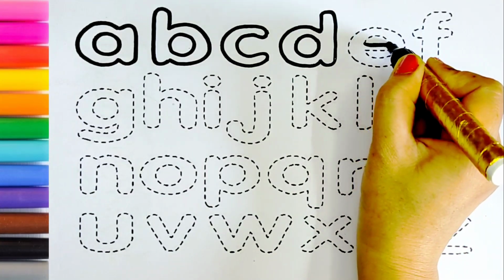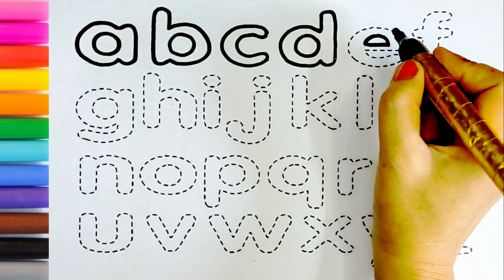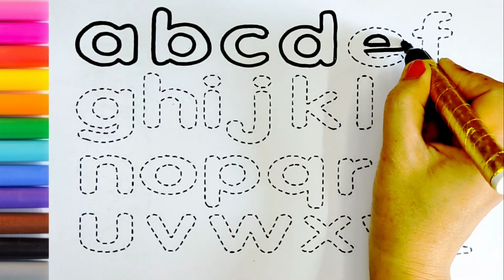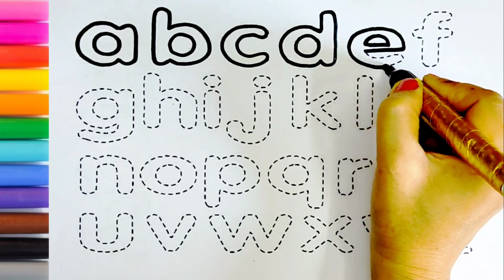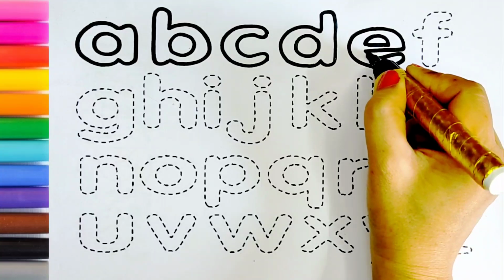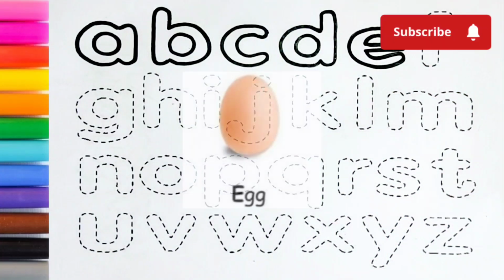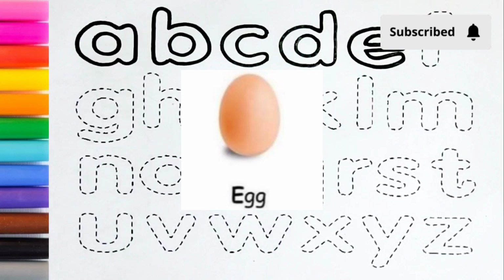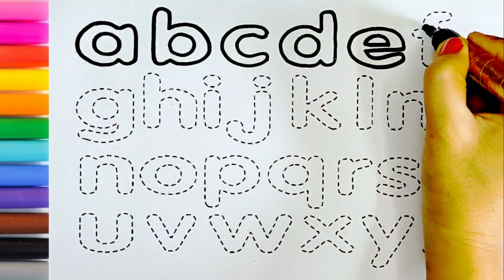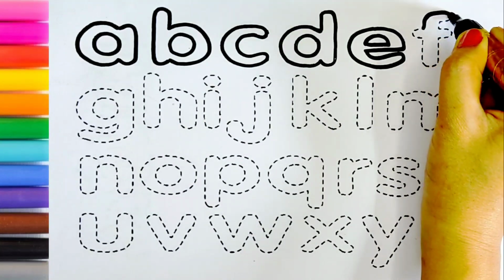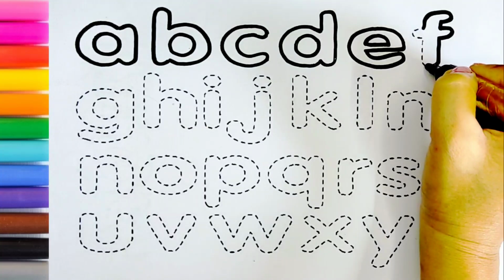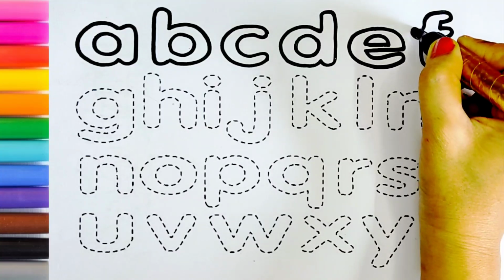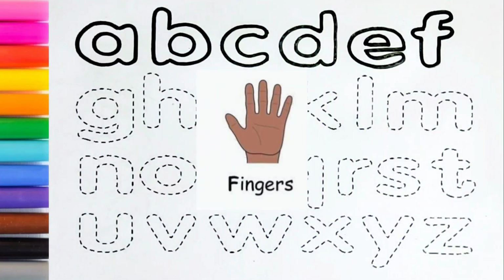E for elephant. E for egg. F for fish. F for fingers.